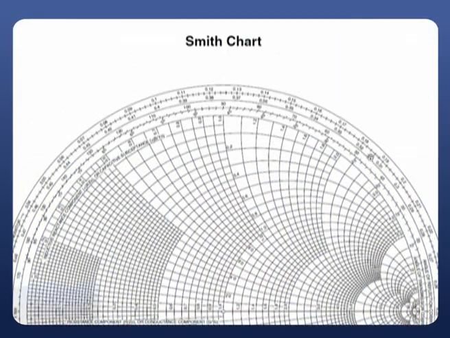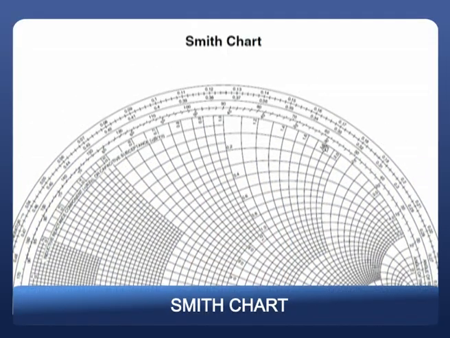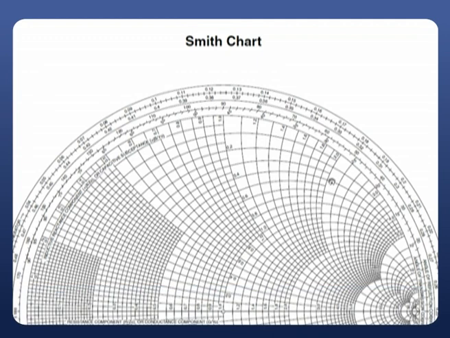Measurement of angle is also possible with the scales we have here, so there is no need for a protractor. Then you will get our reflection coefficient, and then observe the radius where our circle meets our real axis, which is the standing wave ratio. So these are the two simple parameters we can calculate using our Smith chart.